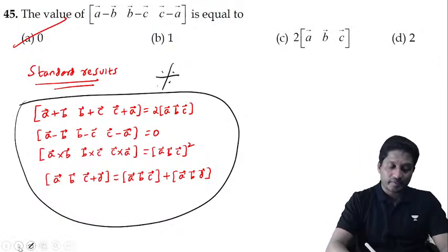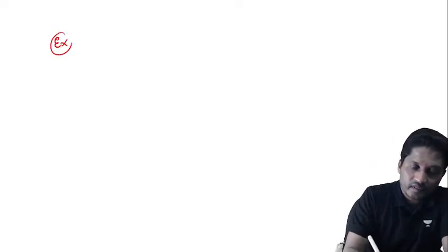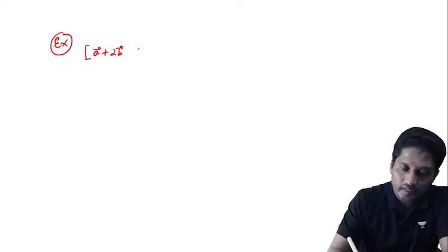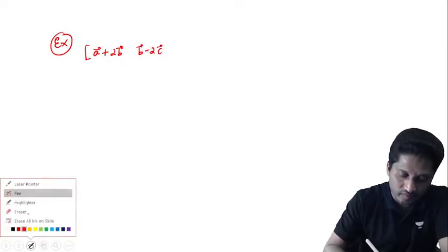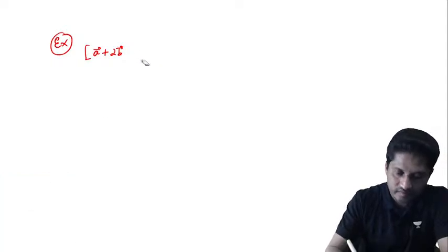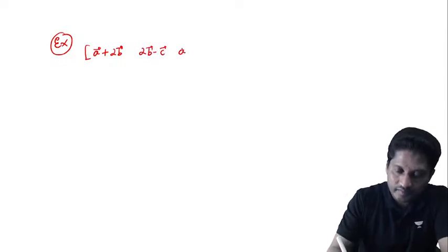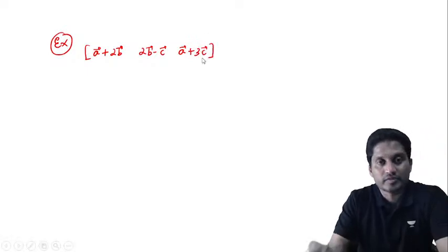Right, now let's say students, you got a question like this: box of A plus 2B, B minus 2C, something like this. Okay, or it can be box of 2B minus C and A plus 3C, and I'm supposed to find the value of this, which is not a standard result.